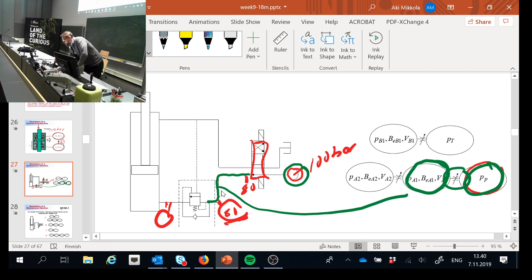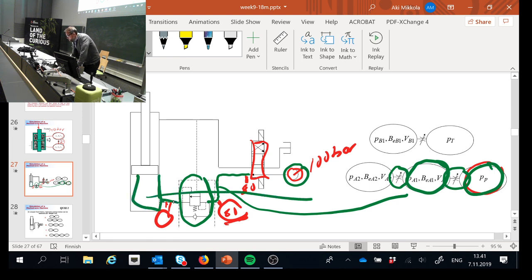Then I have again a throttle that is adjustable. What is that in real life? That's this counterbalance valve. And then I have one more volume, this one here, which is the one that is computed here. You got it?